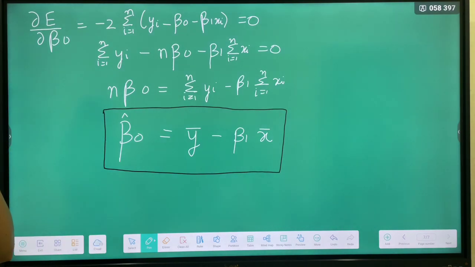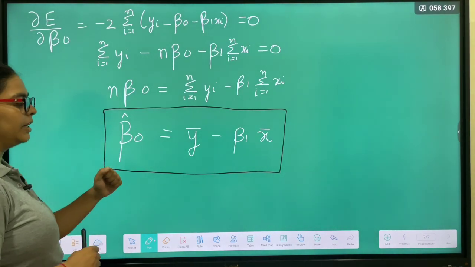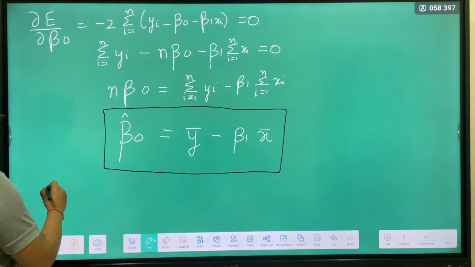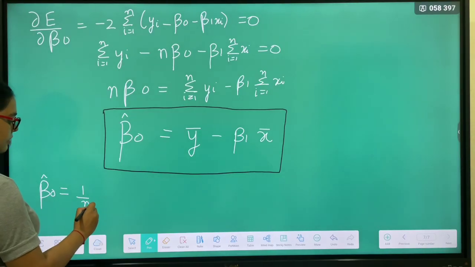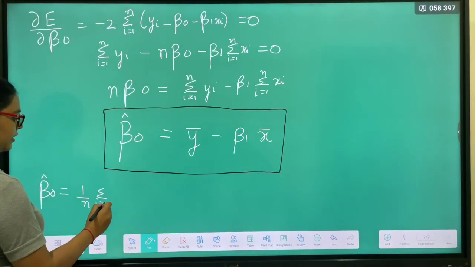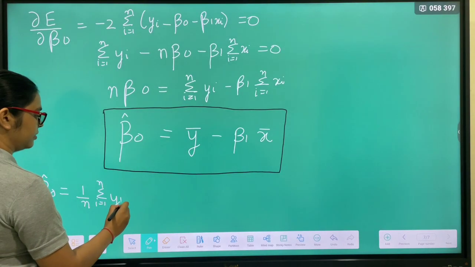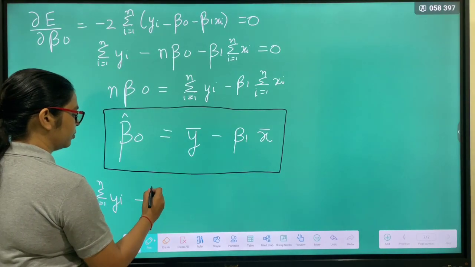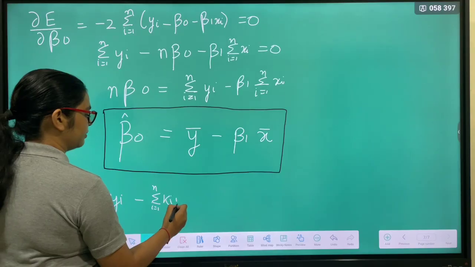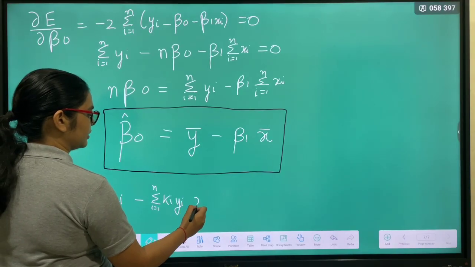Now moving on, we can observe that we can write beta naught as 1 upon n summation i goes from 1 to n yi minus summation i goes from 1 to n ki yi into x bar.